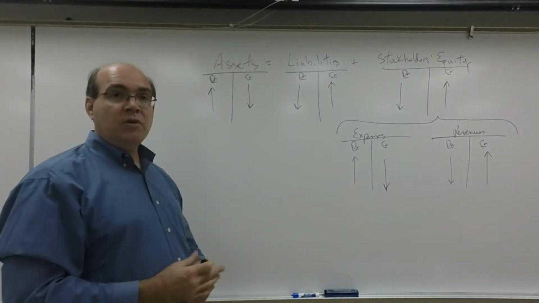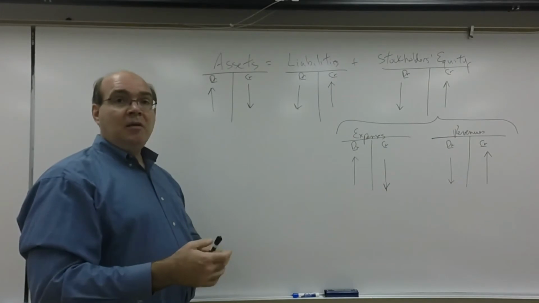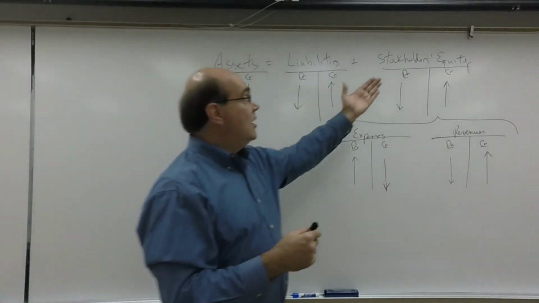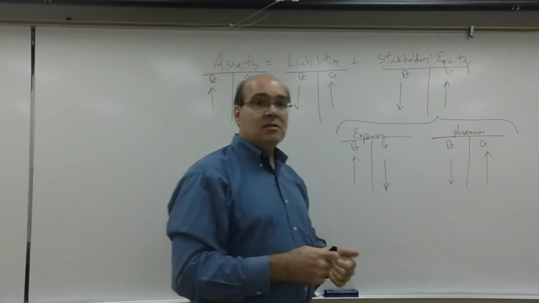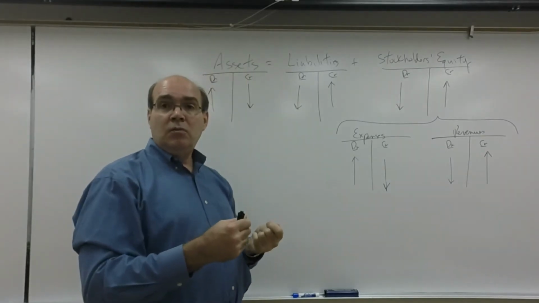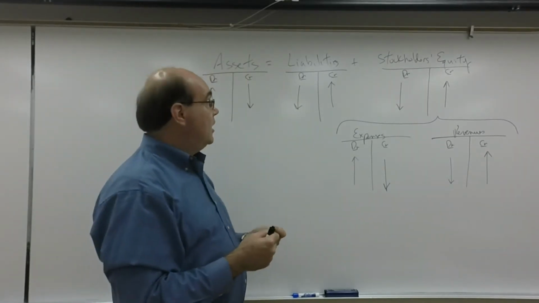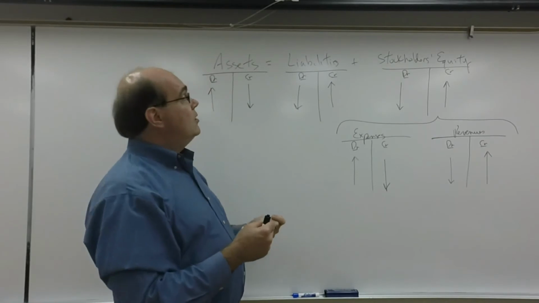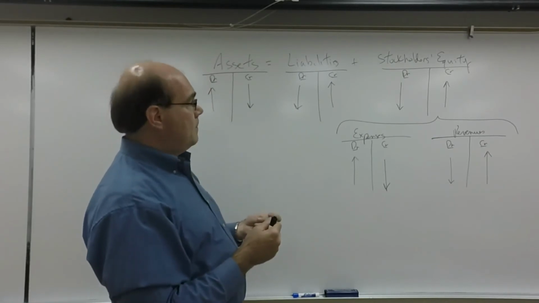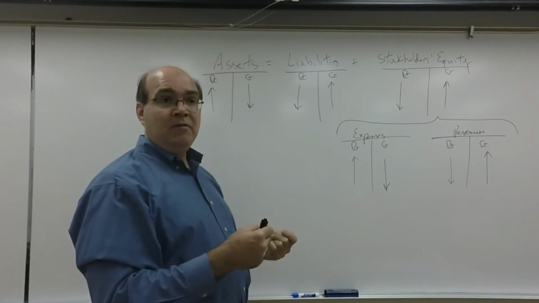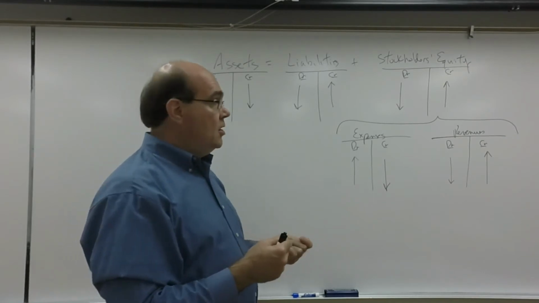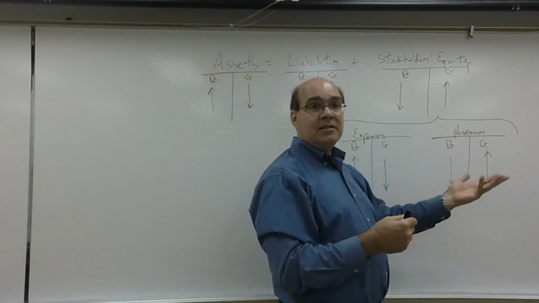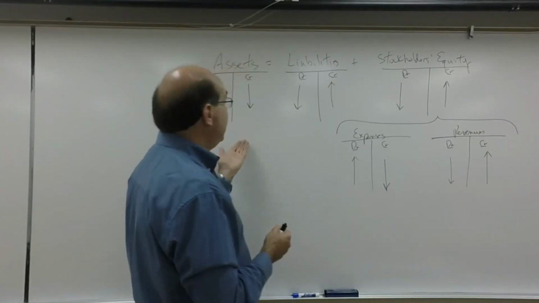Ask yourself first, when a transaction occurs, am I talking about an asset, a liability, an equity account, a revenue, or expense? Usually it'll be 2. So, let's do it this way. You received a payment from a customer, okay? They bought something from you. So you know revenues went up because that's a sale, and you got cash, so you know an asset went up.